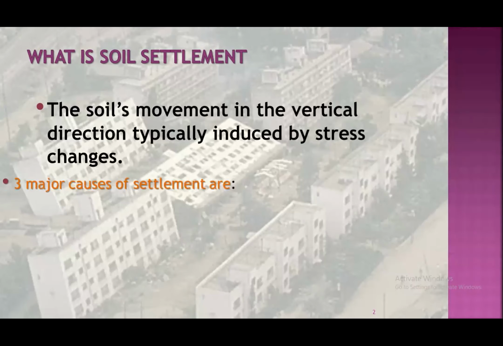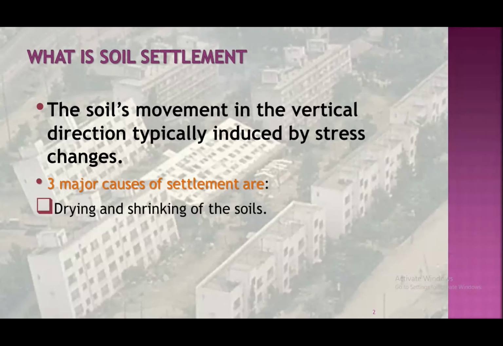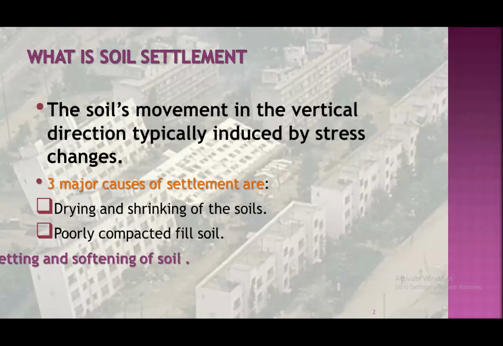Well, there are three major causes of soil settlement: drying and shrinking of the soil, poorly compacted fill soil, and wetting and softening of the soil. About drying and shrinking, during prolonged dry periods, the soil may become too dry and start to shrink, and consequently, when the soil dries, it creates voids between its particles.